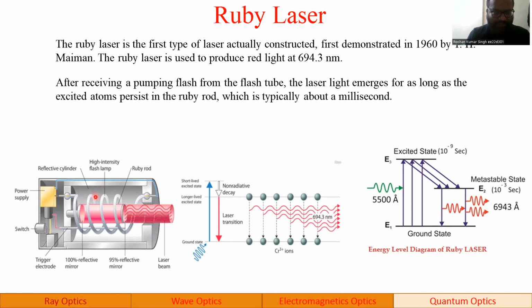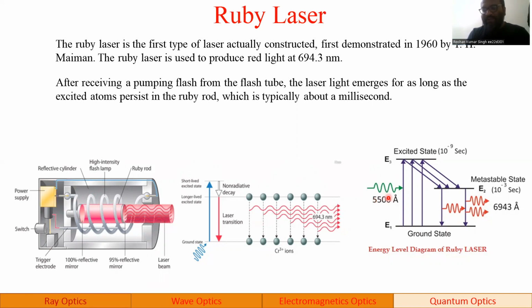We see the construction of the laser. The Ruby laser is a three-stage pumping laser, in which there are three steps.